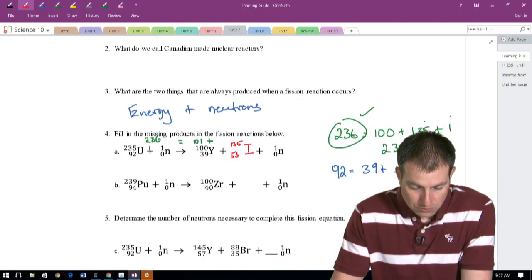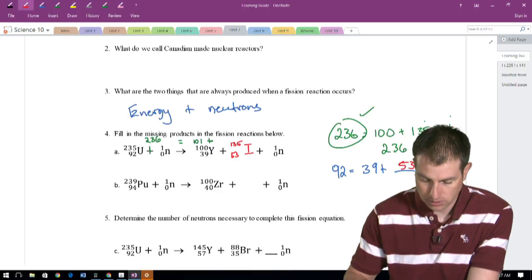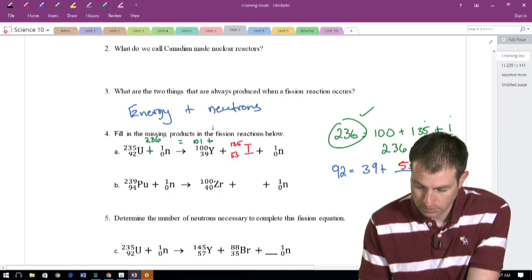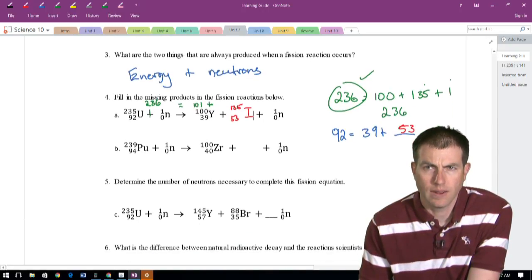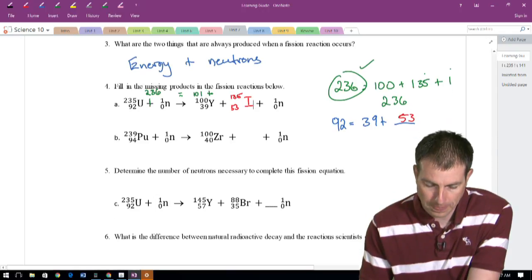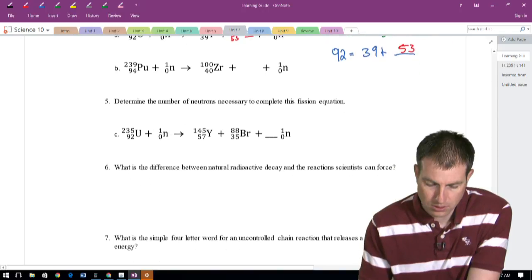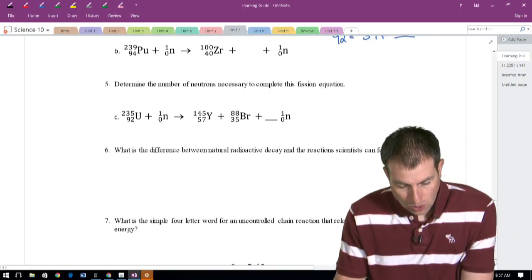I will leave the second one for B with you. I'll do 5 though. Let's look at 5. We'll do a few more off the extra practice sheet as well. 5, Eric wanted 13. All right, so same deal here.